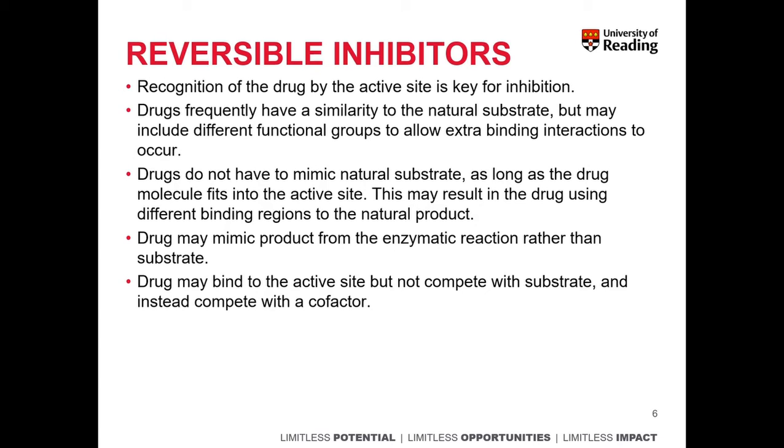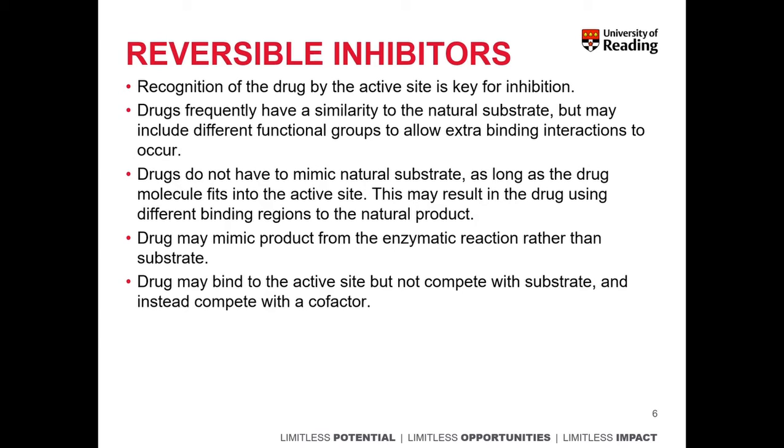Now, the drug could also bind to the active site but not be in competition with a substrate. Instead, it could compete with a cofactor that is required for the reaction to occur. So it may take multiple molecules in the active site to facilitate the reaction. And in this case, the drug could compete with the cofactor instead of with the substrate itself. And so there's lots of different options for the design of drugs designed to be competitive inhibitors.